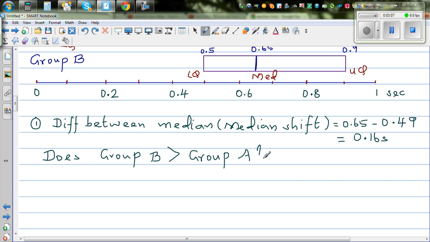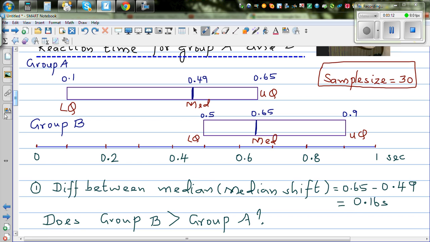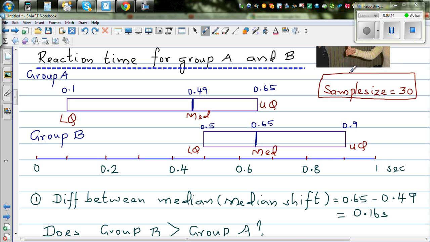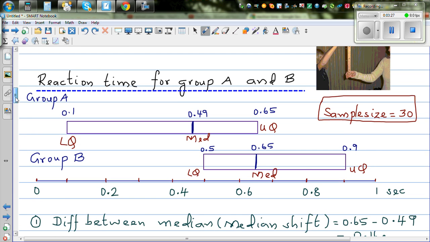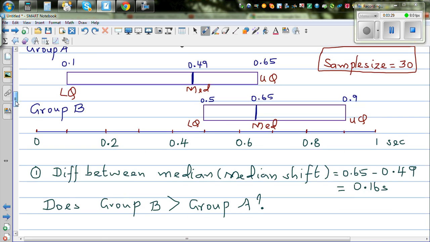Now the problem is we want to make the call back in the population based on this sample of 30. Now for that you can't just look at this statistics and say, well, group B has a greater reaction time than group A. You have to do some more calculations before you jump to the conclusion.